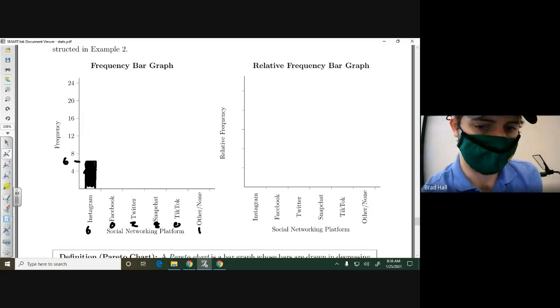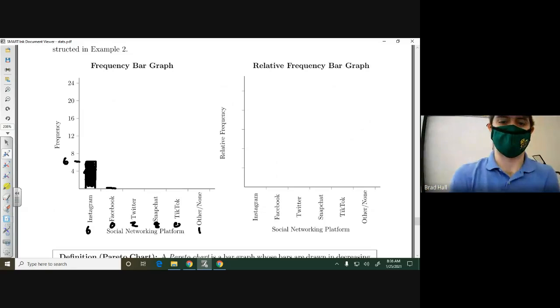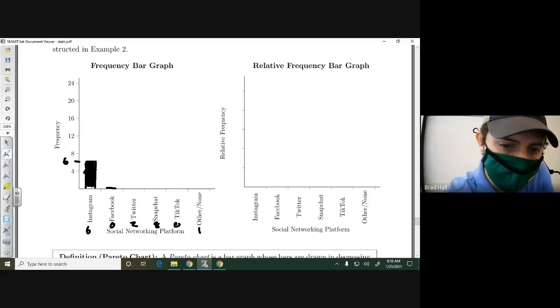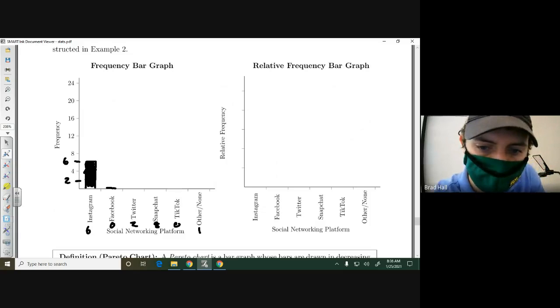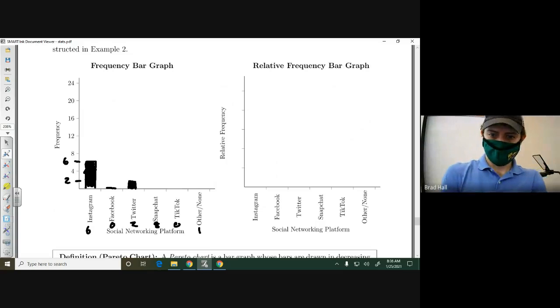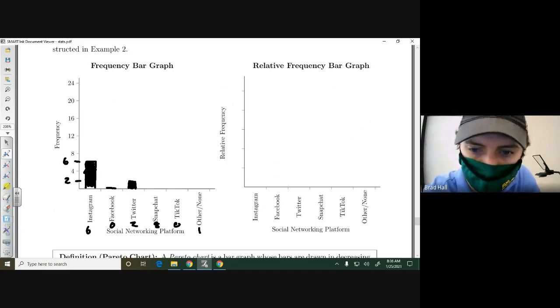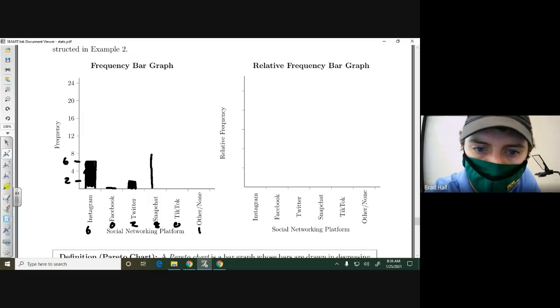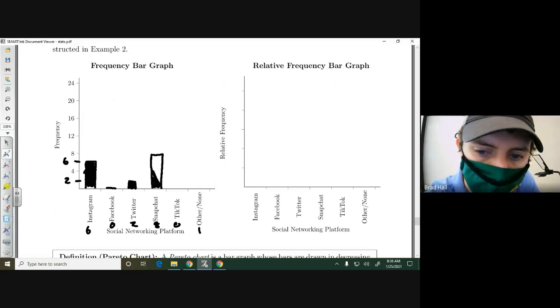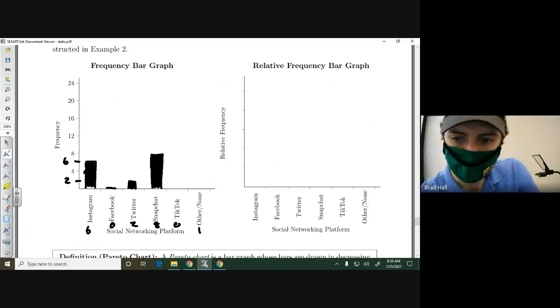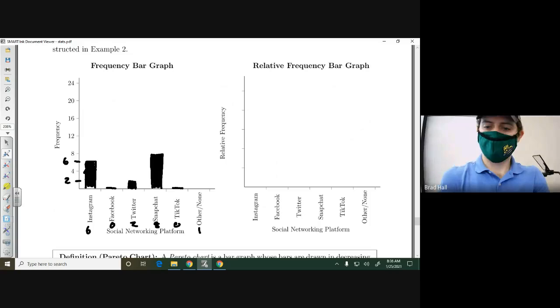And then Facebook, there's nothing to put, so a flat line. Twitter is 2, so this one's going to be a very small bar. Snapchat was 8. Go ahead and fill that in. TikTok was 0.